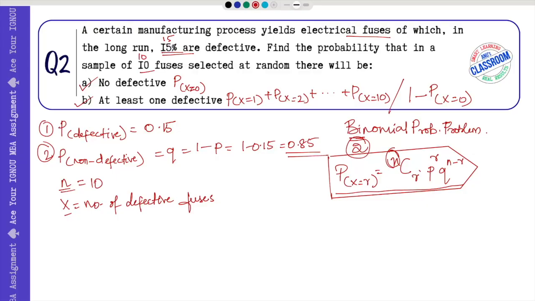What is r here? It is the number of successes. What is p? It is the probability of success. What is q? It is the probability of failure. Now, in some cases you will see this formula written like this: (n r) p raised to r and q raised to n minus r. Now, (n r) written like this in curly braces is nothing but nCr.